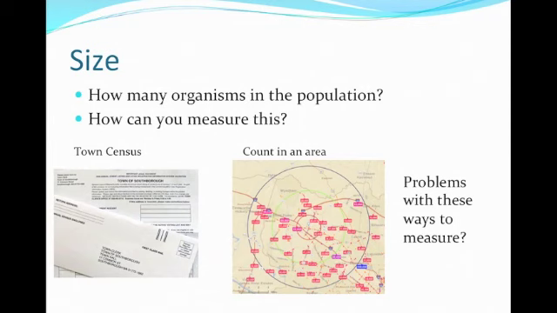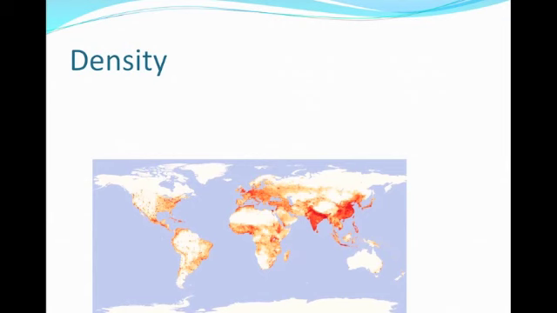But there are problems with these ways to measure, and we're going to continue to discuss this when we look at the next topic, which is density. The fact that there are different densities in different areas affects how you sample your population size. So density is just how many of that species are in a certain area.